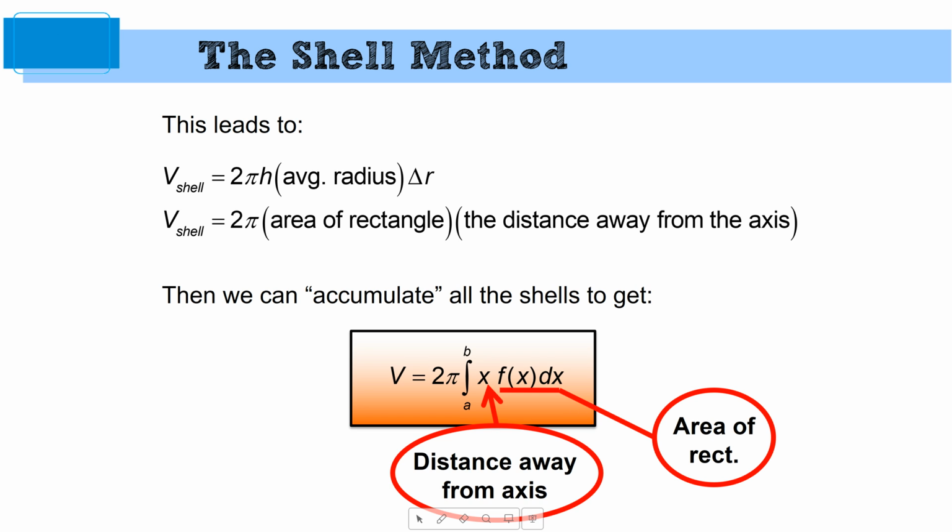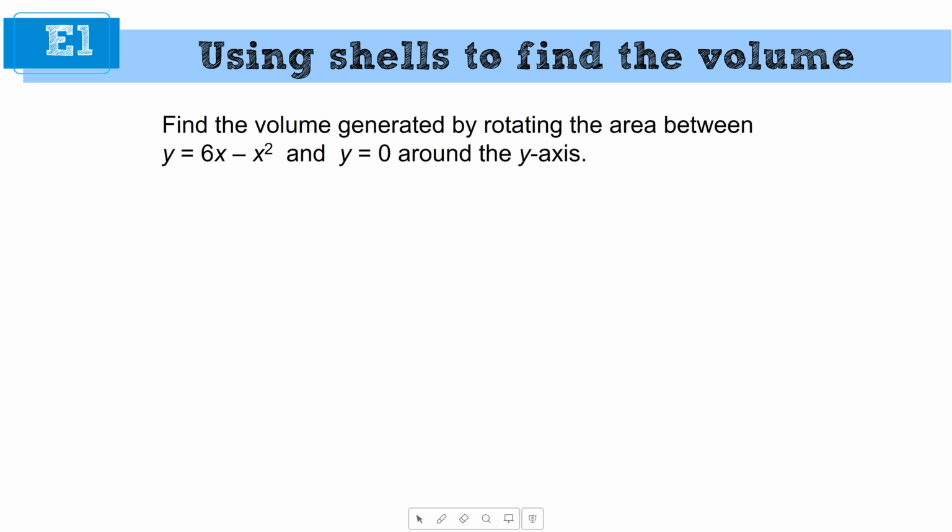It's the distance to the center of the rectangle. The x is the distance away from that. When you draw in your representative rectangle, it's the distance from the axis of revolution to that representative rectangle. Then the f of x times dx is the area of that rectangle. And again, this will make a little bit more sense when you see it in motion in the next example. Are we good? Yes. Beautiful.